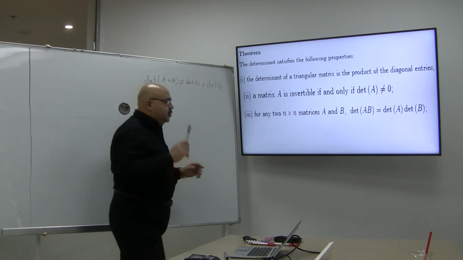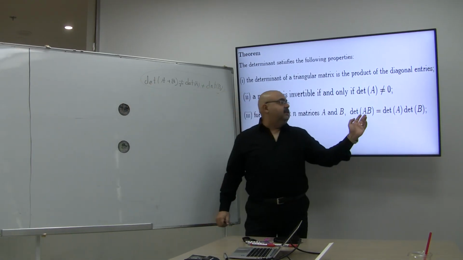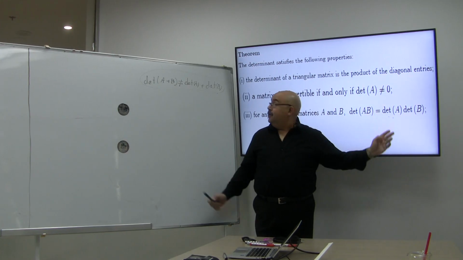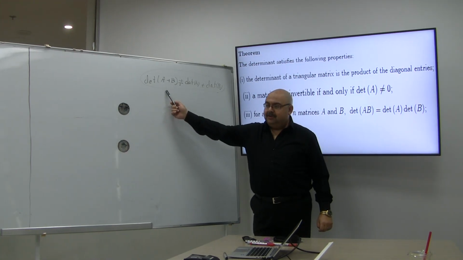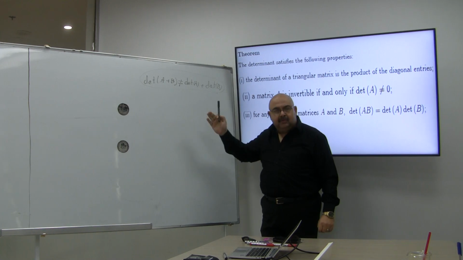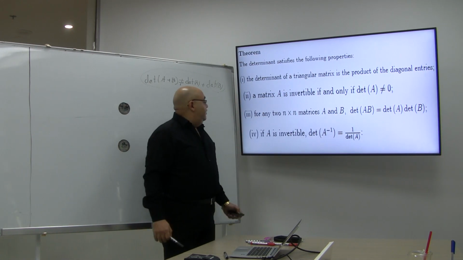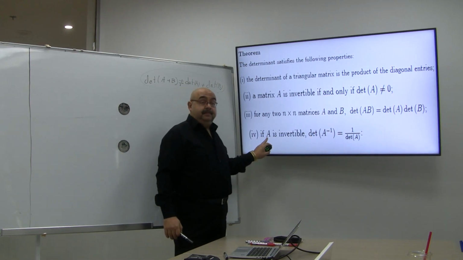So it's really major to understand that the determinant of A times B is equal to the determinant of A times the determinant of B, but for the addition, no. The determinant of A plus B doesn't equal the determinant of A plus the determinant of B. This is also a very nice remark.